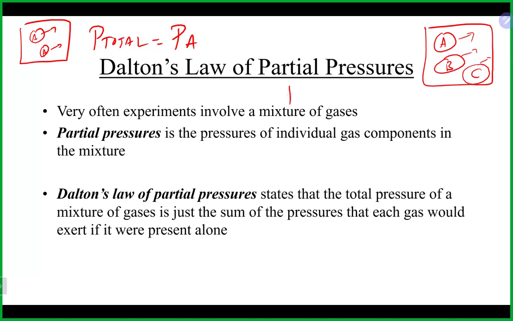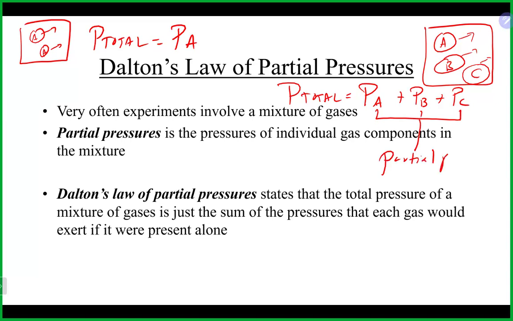When we take the total pressure of this container, it's a result of the pressure of A plus the pressure of gas B plus the pressure of gas C, all added together. These are what are referred to as partial pressures because they are partially contributing to the overall pressure of that mixture.